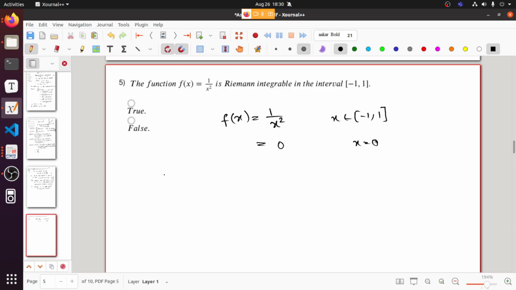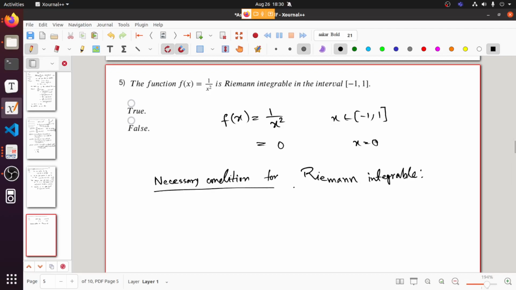But note that there is a necessary condition for the Riemann integral. We need the function to be bounded, right? This is a necessary condition for the Riemann integral, because otherwise you cannot define the UPF, because the maximum will not exist.